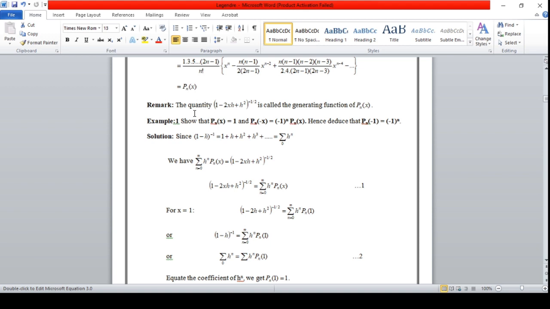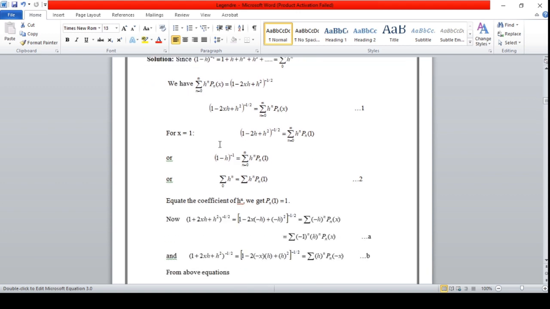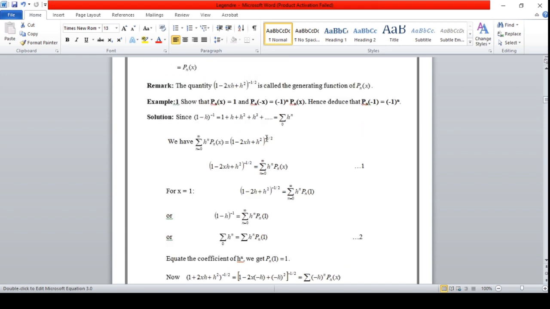Put x equal to 1. Then (1 minus 2h plus h square) raised to the power minus 1 by 2 is equal to this summation, and the left hand side is equal to (1 minus h) raised to the power minus 1, which is the given expansion, equal to the summation.